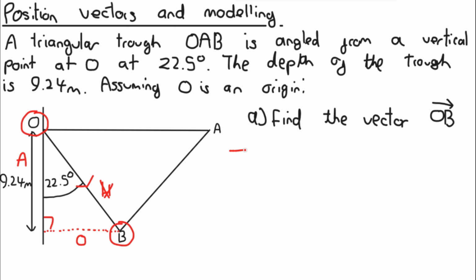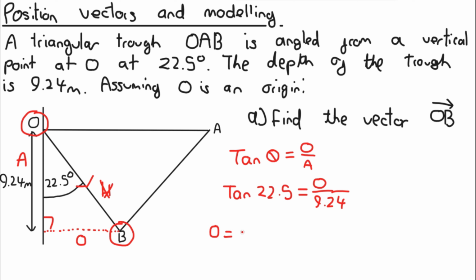So using SOHCAHTOA, it's going to be tan of theta is equal to O over A. So it's going to be tan of 22.5 is equal to O over 9.24, and therefore O is going to equal 9.24 times tan of 22.5, which, if you put into a calculator, is equal to 3.83 to 2 decimal places.